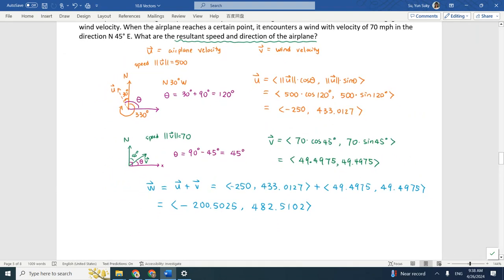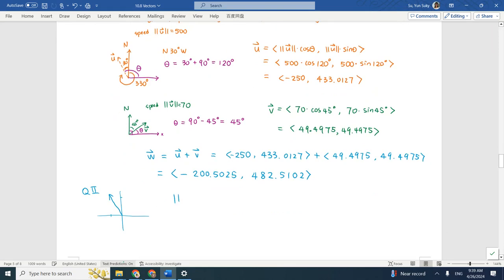Now we want to find the speed and the direction of the airplane. What is this W? If you want to draw the picture, the x component is negative and the y component is positive, so W is something like that. We are in quadrant 2. How do we find the magnitude?